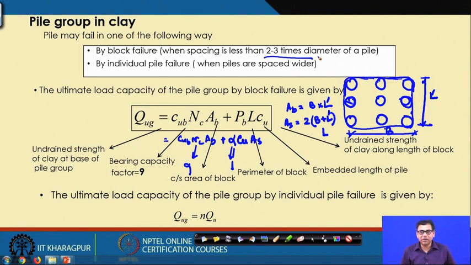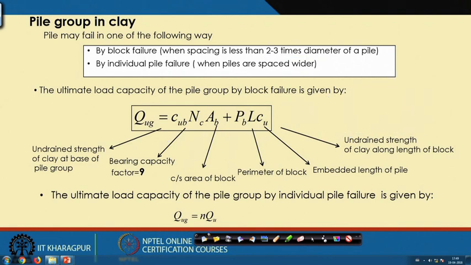Okay. So, that means if the spacing is within 2 to 3 times of diameter of the pile, there will be a group failure. So, we have to consider a block failure, and if the spacing is more, then you have to consider the single pile failure.